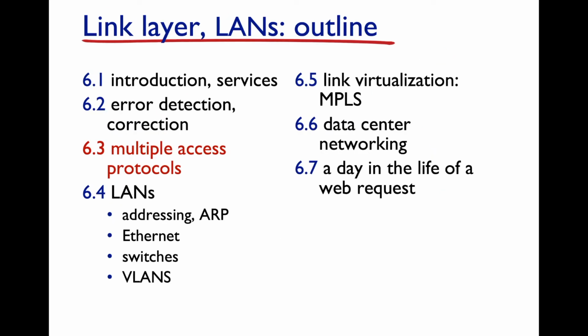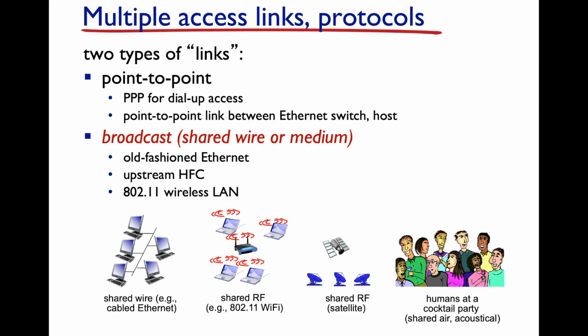And so let's take a look at multiple access protocols. Multiple access links include things like wireless, as well as twisted pair copper wire. There are two types of links: so-called point-to-point, which was used way back when for dial-up access, as well as between an Ethernet switch and some host.